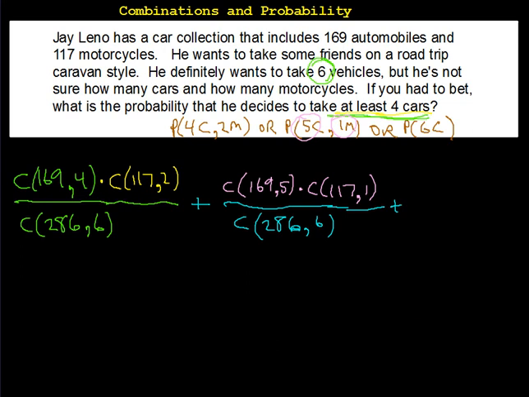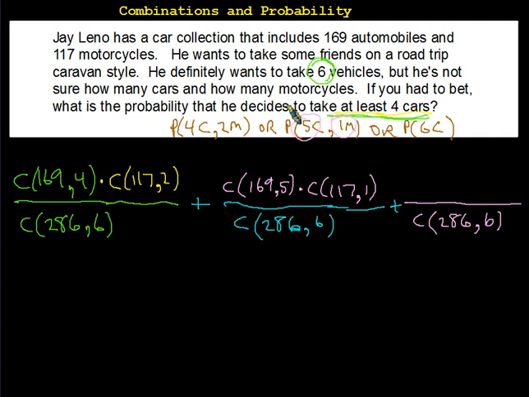For this next part, we end up with, again, the same denominator. Now we're looking at the probability of choosing just 6 cars. But again, we want to look at the number of ways that we could choose 6 vehicles first. That's the total number of possible outcomes of choosing 6 vehicles from 286.